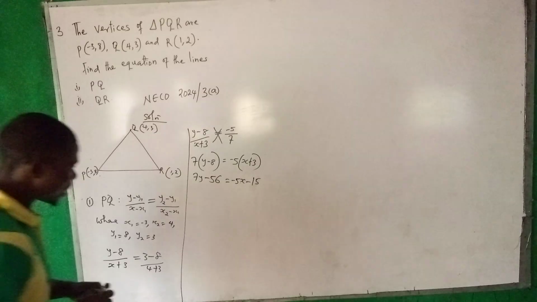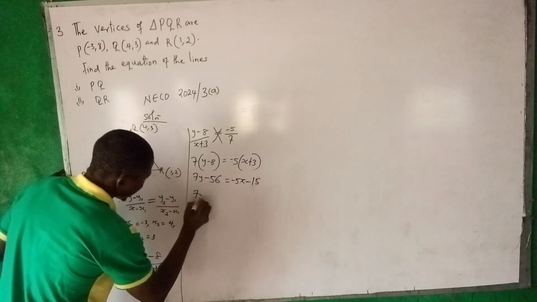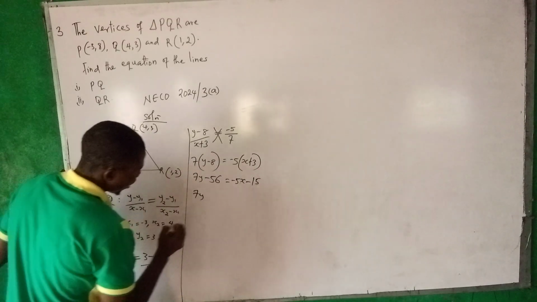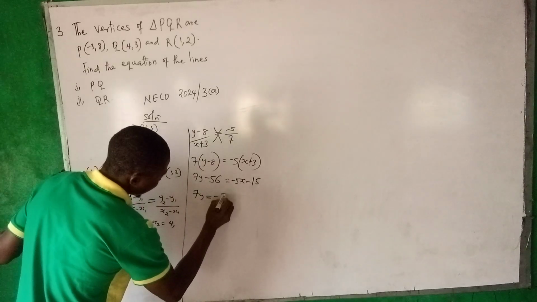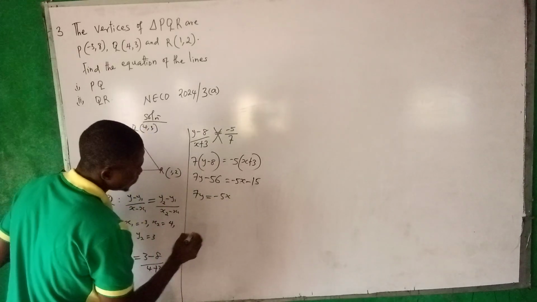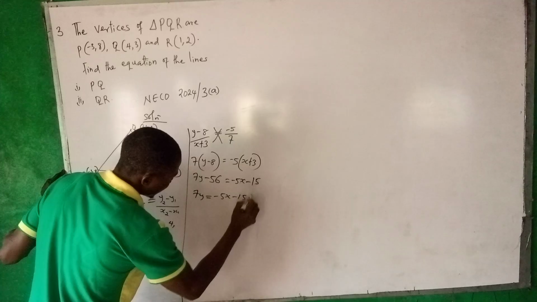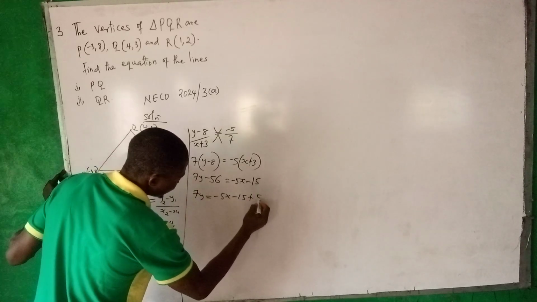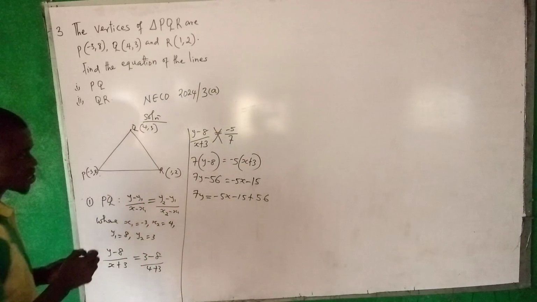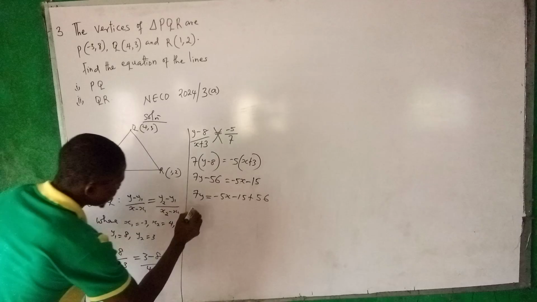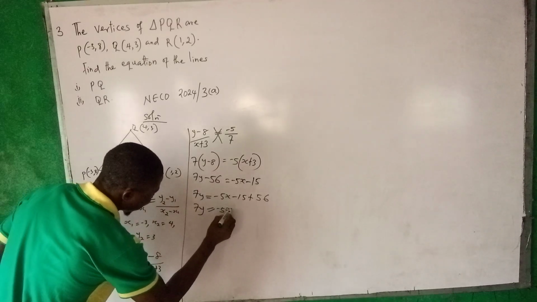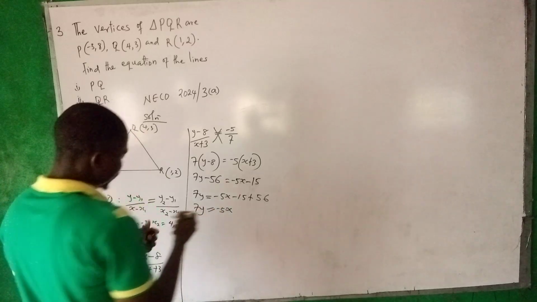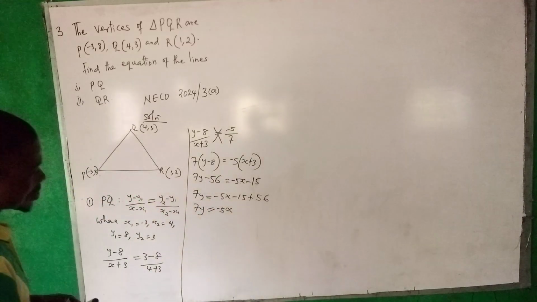Now, let's collect like terms. We have 7y equal to -5x minus 15 plus 56.